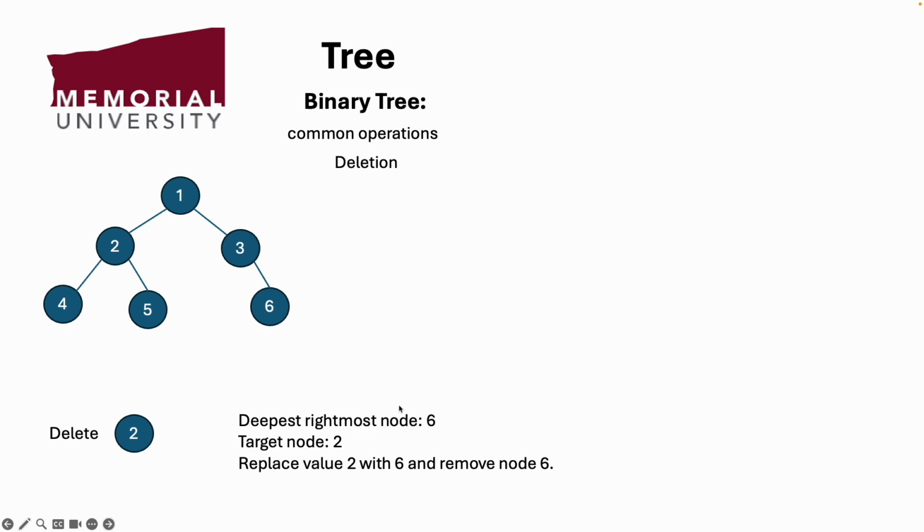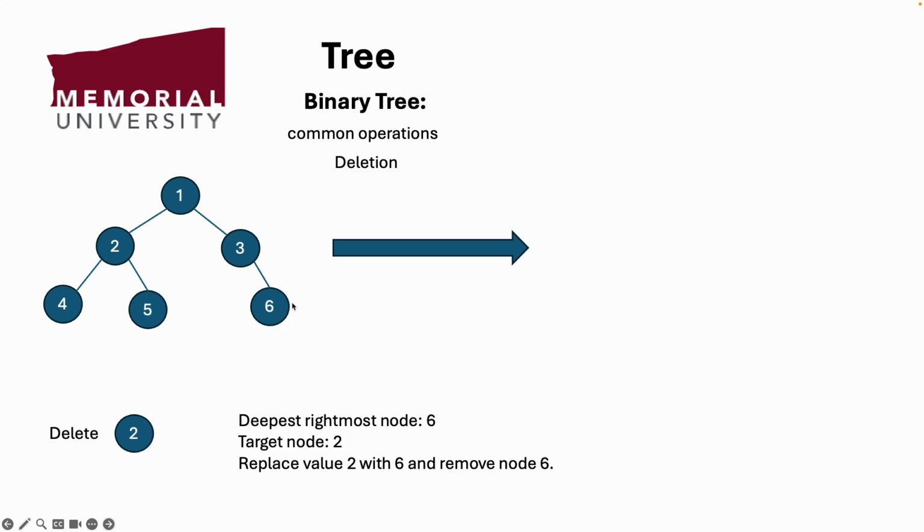The deepest rightmost node is what? It's node 6, right? The target node, as we know, is node 2. We're going to replace the value 2 with the value 6, and then we remove the node 6.